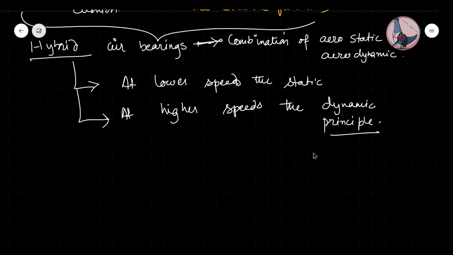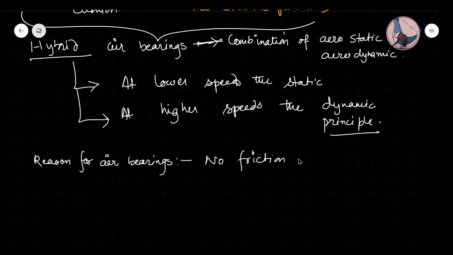So now why do we use these air bearings? The reason is that these are very accurate. There is no friction, so very smooth movement is there.